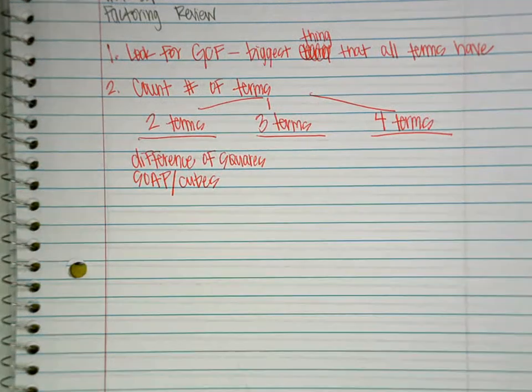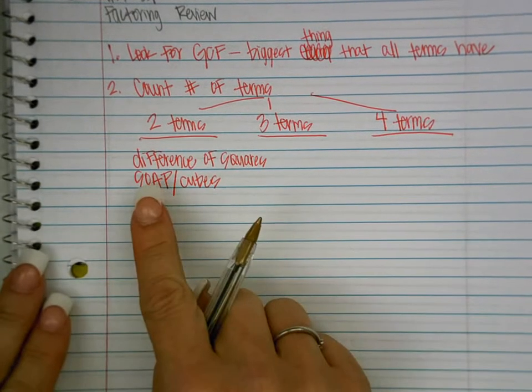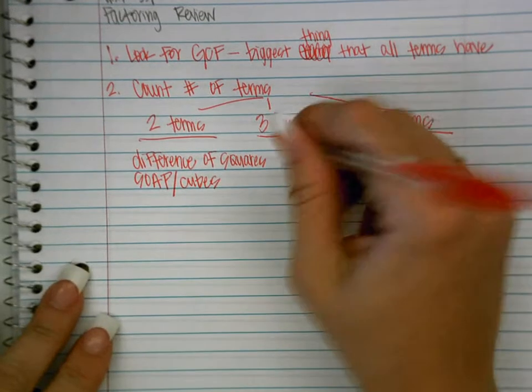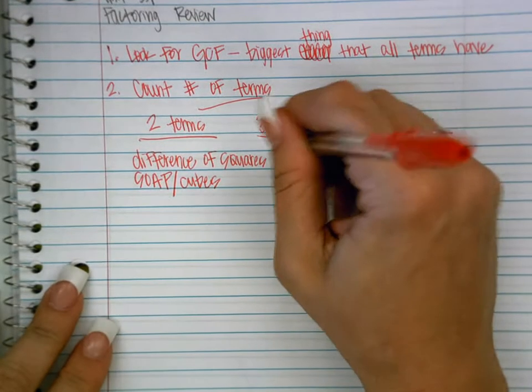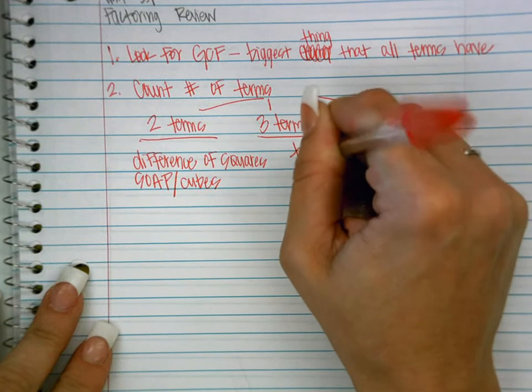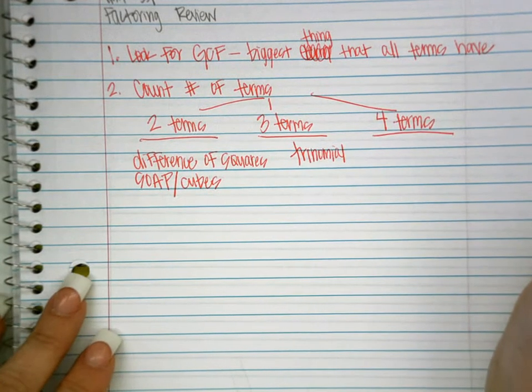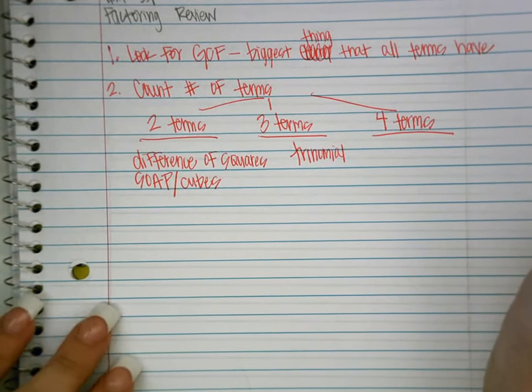Now, you may not know all of these types of factoring yet, but this is your general flow chart that you would follow. So 2 terms is either difference of squares or SOAP or cubes factoring. 3 terms has to be trinomial factoring. Some of you might know that as diamond factoring, but technically it's called trinomial factoring.